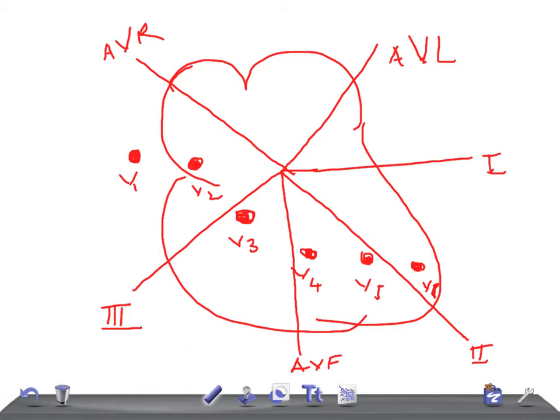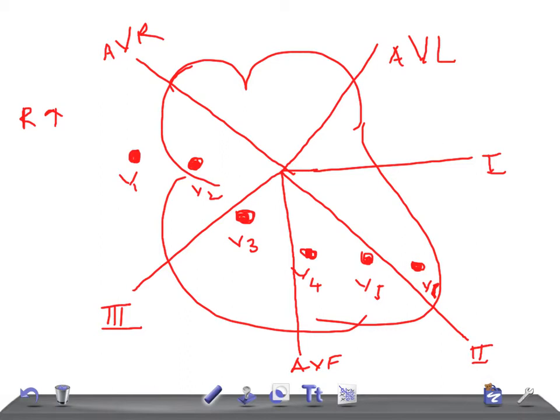As the current flows in this direction, from V1 to V6 the R wave increases in height. The R wave of V2 is bigger than that of V1, and V3 is bigger than V2. It goes on increasing slowly.